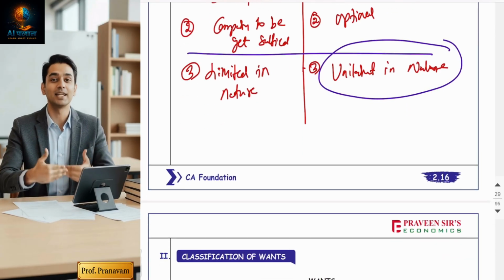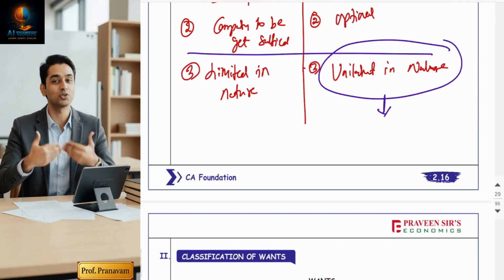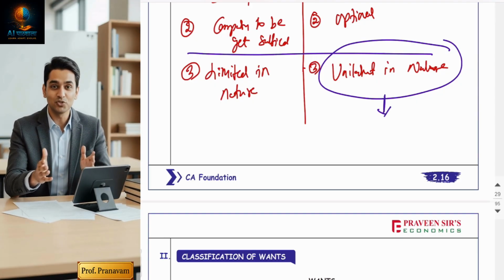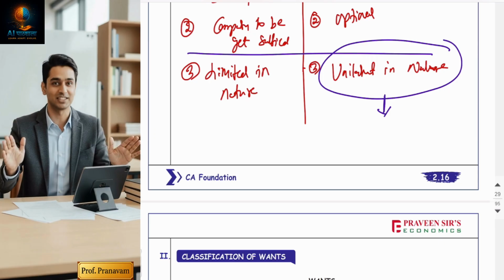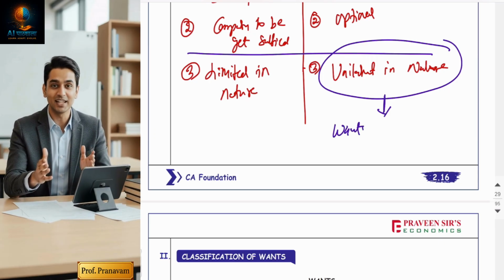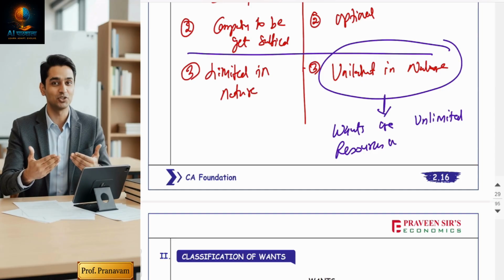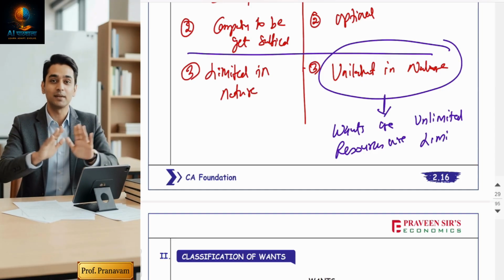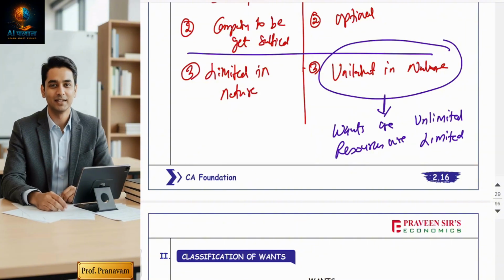If someone asks why the subject of economics is there to handle this problem, economics says the subject came into existence because of two mismatches: wants are unlimited and resources are limited to satisfy wants. Guys, resources means what, sir?